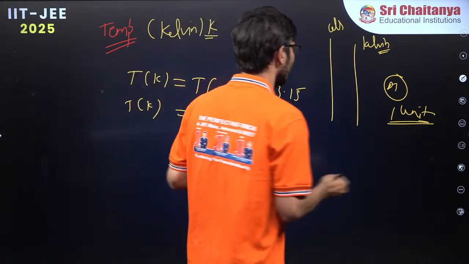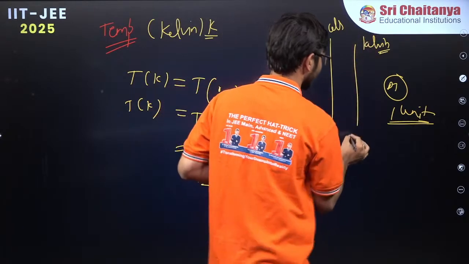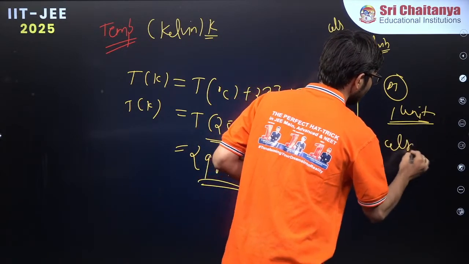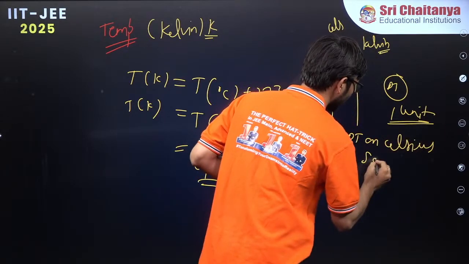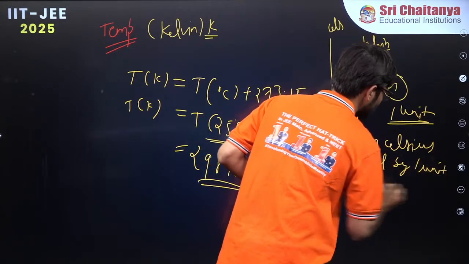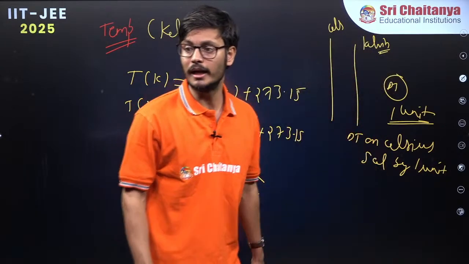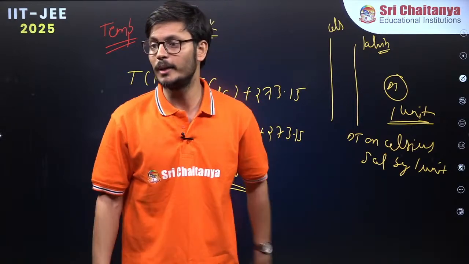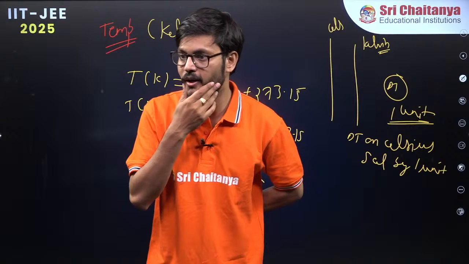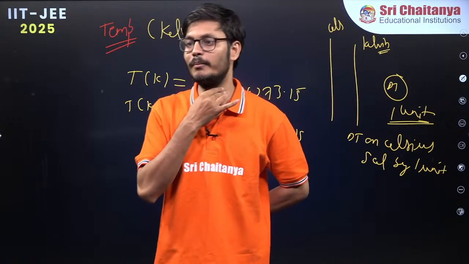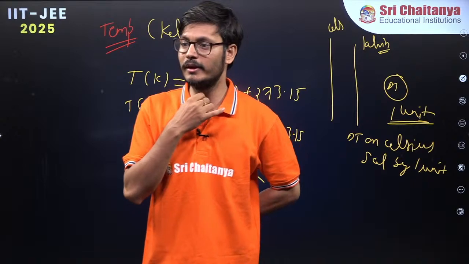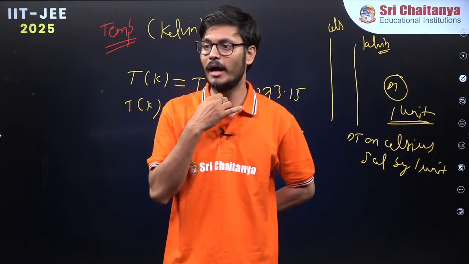My question is, if I change the temperature on the Celsius scale by 1 unit, what will be the change on the Kelvin scale? Somebody is saying 273.15, some of you are saying 1 unit.